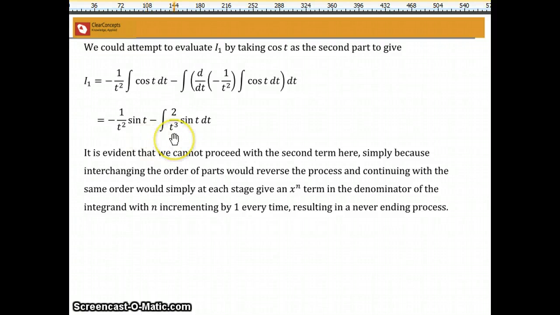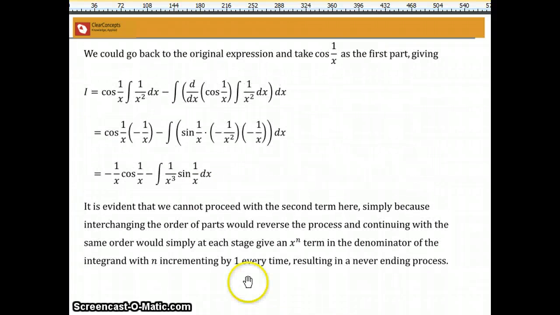And now it's evident that we can't really proceed with the second term here, simply because if we interchange the order of the parts, we would reverse the process. And if we continue with the same order, at each stage, it will give us a t to the power n term in the denominator of the integrand, with n incrementing by 1 every time. So the next time we will get a t to the power 4, after that a t to the power 5, and so this will be a never-ending process.